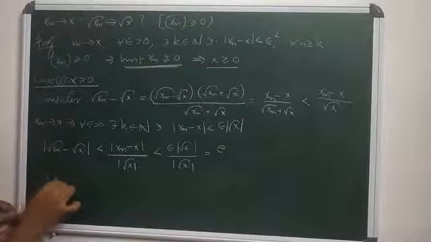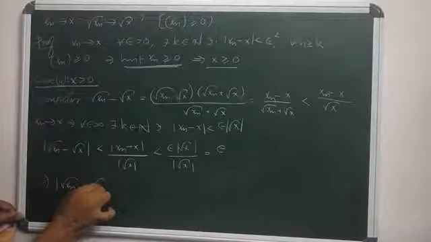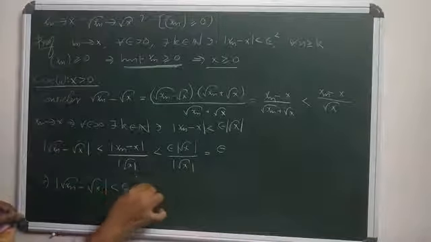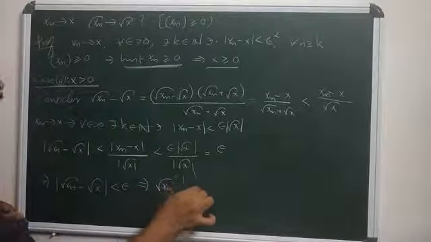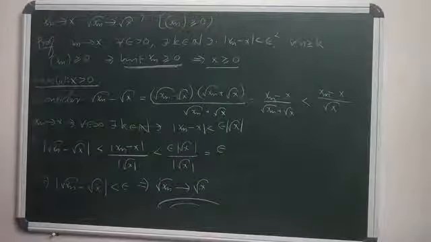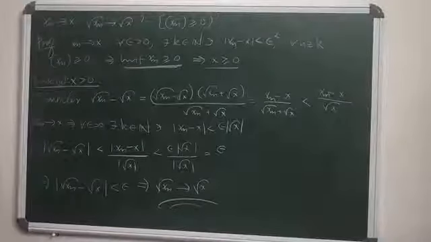That means |root xn - root x| < epsilon. That means root xn converges to root x. So when x is greater than 0, root xn also converges to root x. Clear? Okay.